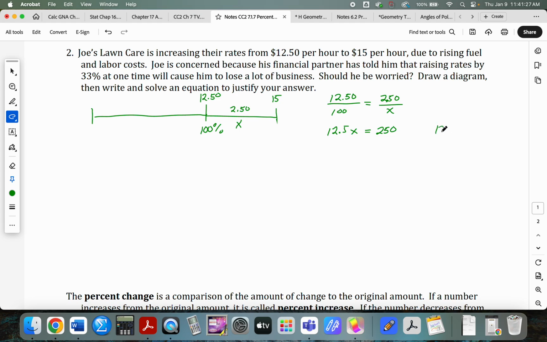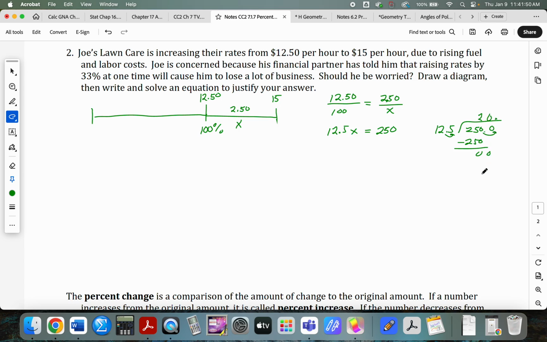So I can do that division. 12.5 divided into 250. I have to move the decimal one place. See, 125 into 250 is 2. Exactly. That's nice. Bring down the 0.